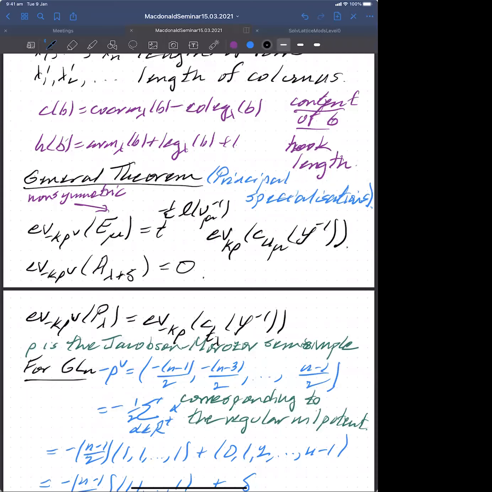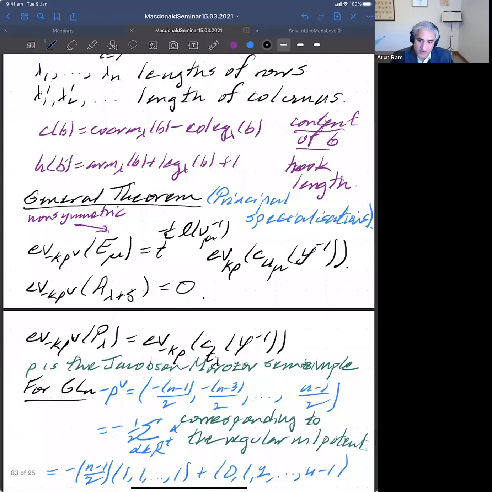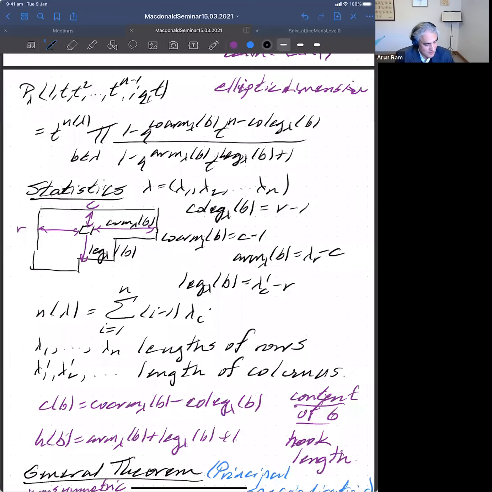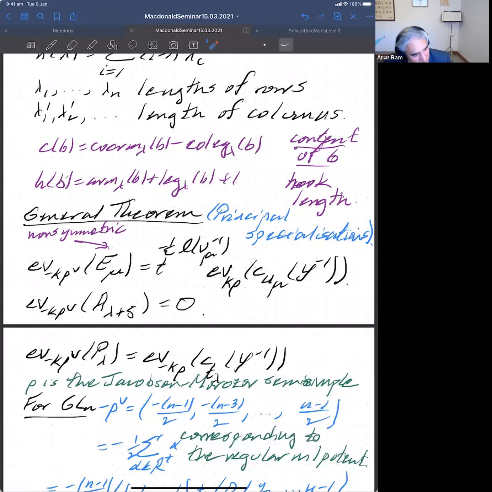However, if you reverse the order of the variables here, which is the same as replacing this minus k rho by plus k rho, it does not specialize to anything nice. So let me just say it this way: evaluation of positive k rho check of A lambda plus delta is horrible.